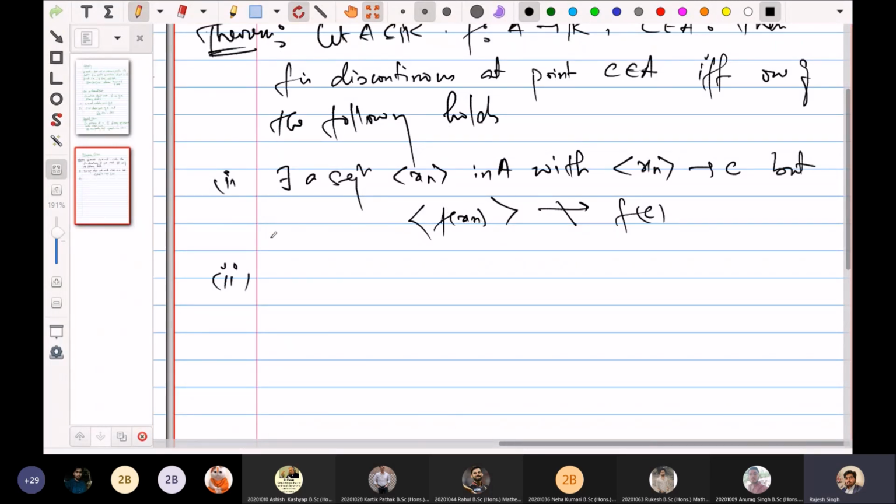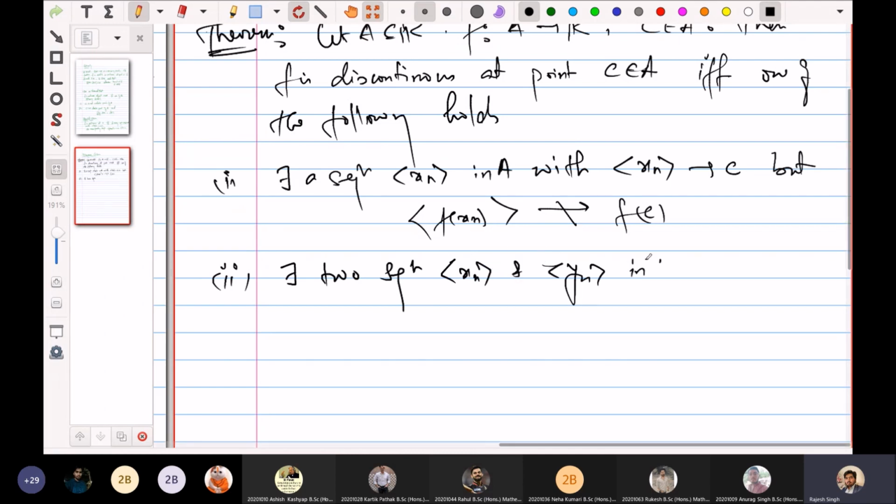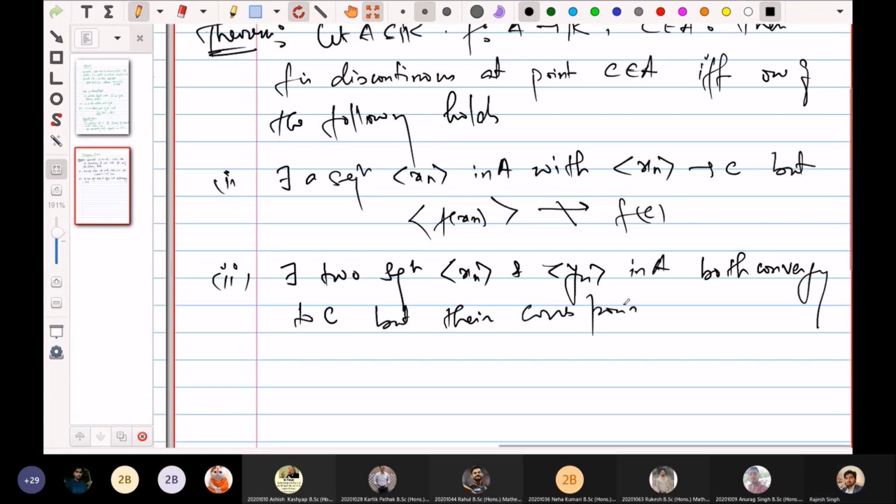Now second is that this f(xn) does not converge at all. In that case, we will be able to find two sequences xn and yn in A, both converging to c, but their corresponding sequences converge to different limits.